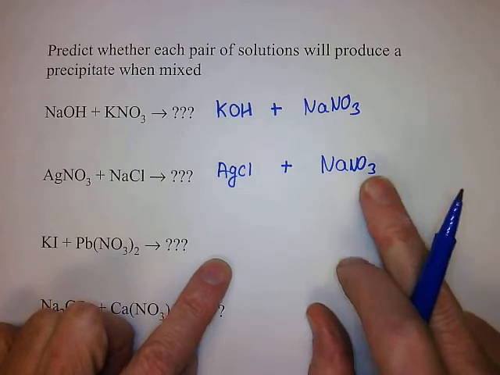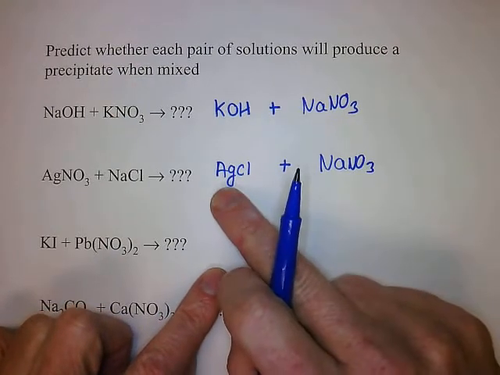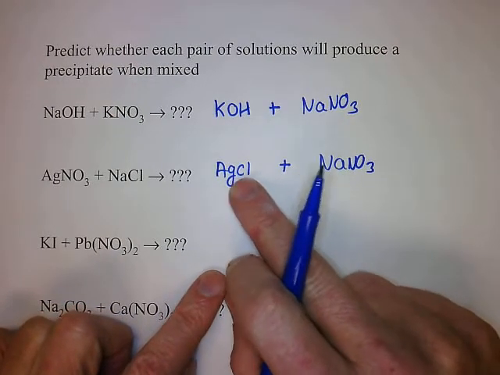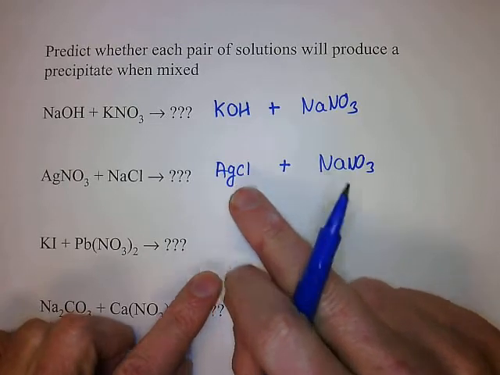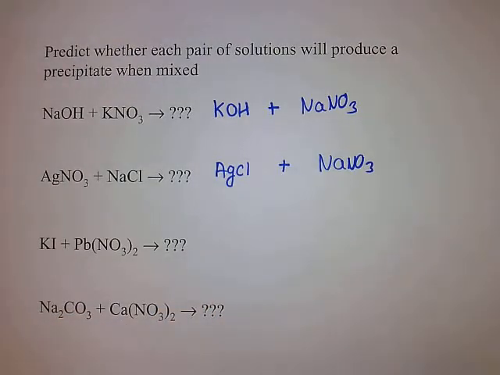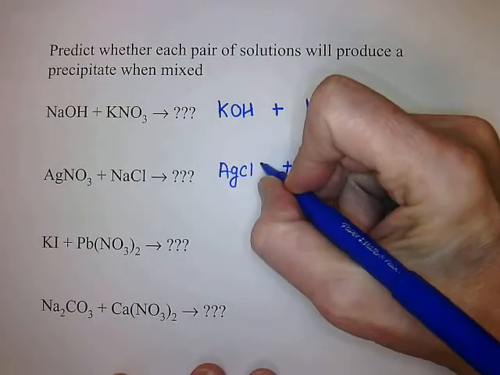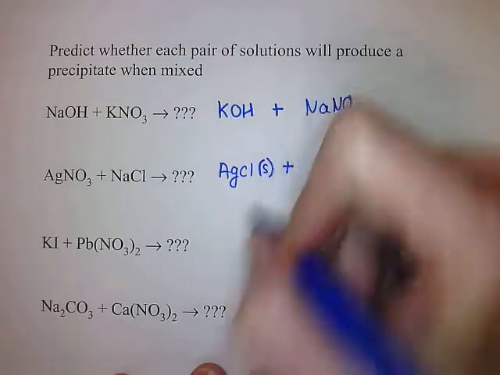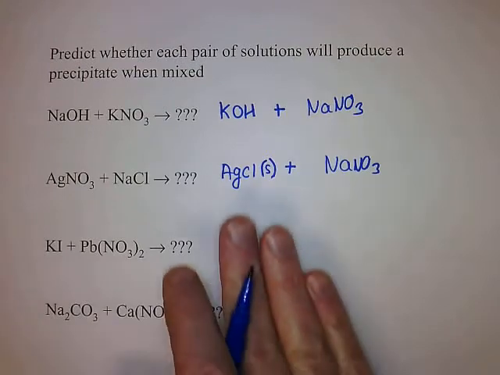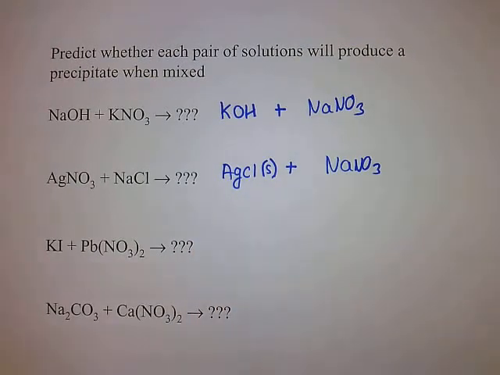All nitrates are soluble. What about the silver chloride? Chlorides are typically soluble with some exceptions. Silver is one of the exceptions. So here we'd get a precipitate of silver chloride.